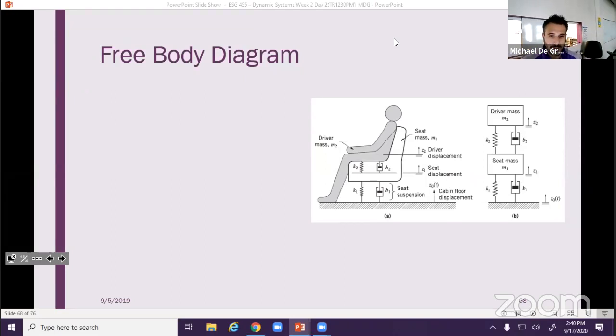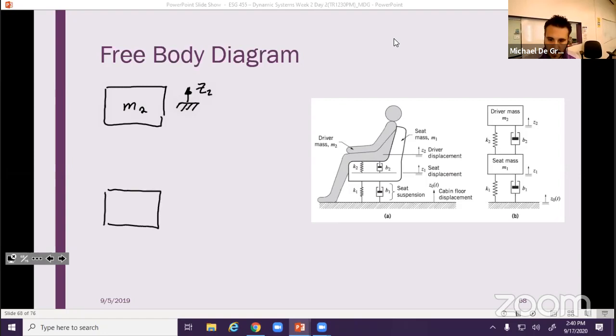So we're going to need 2 free body diagrams, right? Because we have 2 masses. I've got the driver, who has some position associated with him or her of Z2. I've also got the seat, which has Z1. And I'm going to make a note here that overall the ground is moving with Z0 of t, right? That's going to be important.